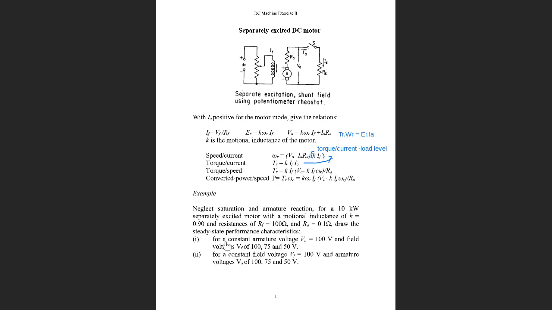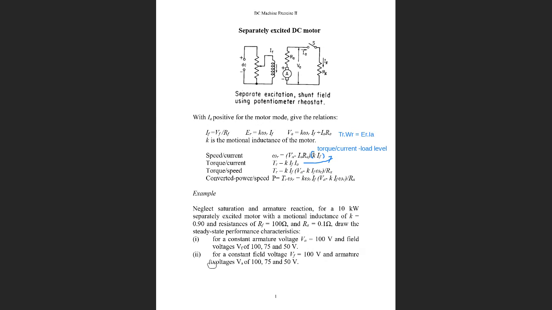And we have two cases. One, for a constant armature voltage, which is the DC input voltage, V_a of 100 volts, and a field voltage of 100 volts, 75 volts, and 50 volts. Because this is a separately excited motor, we have a separate field voltage and armature voltage. So here, for the first case, if we fix the armature voltage, that is the source of the armature, and we change the field voltage, we see, for each case, how the motor speed, the motor current, the torque, and the power change.